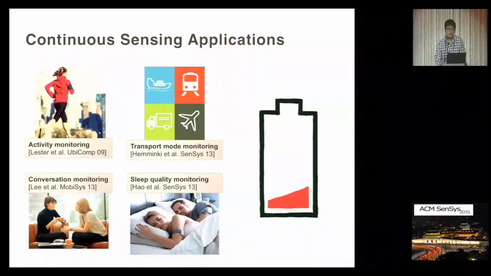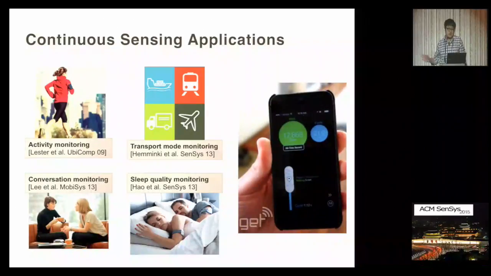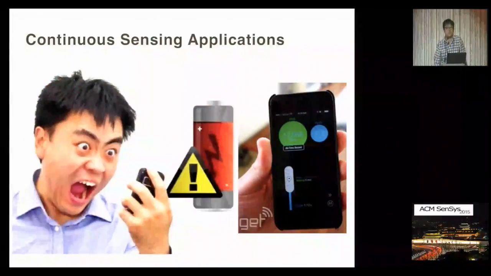But according to our previous work in this year's RubyConf, we found that users have a very limited understanding of sensing applications' continuous operation and battery impact. So they just install and use these applications, and they often get embarrassed due to unexpected battery depletion.